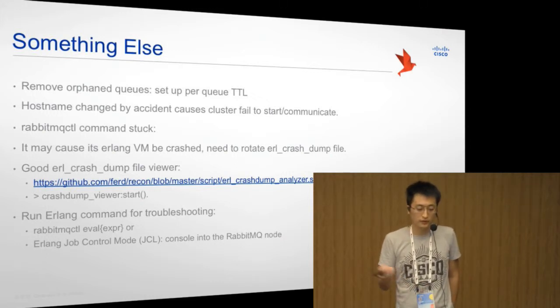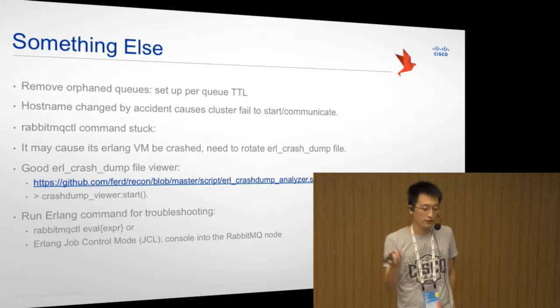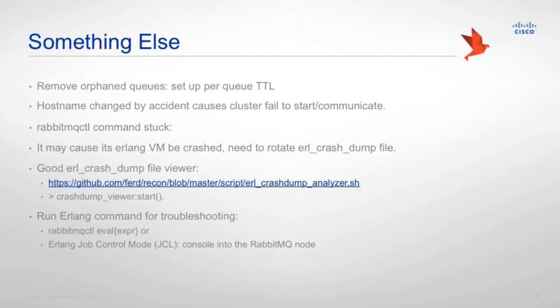The next one is we found a few times by accident, people run the hostname command trying to check the hostname, but that command can change the hostname, and then that will cause RabbitMQ nodes to be unable to talk to each other because the hostname changed. So that's something we need to avoid.